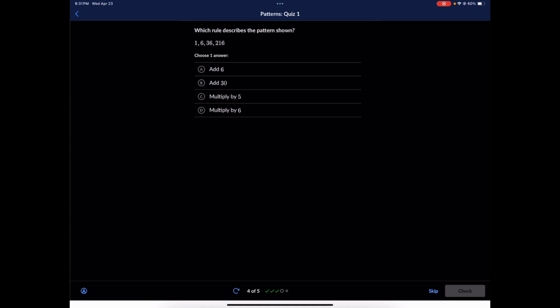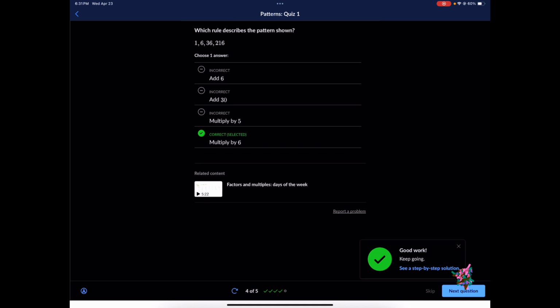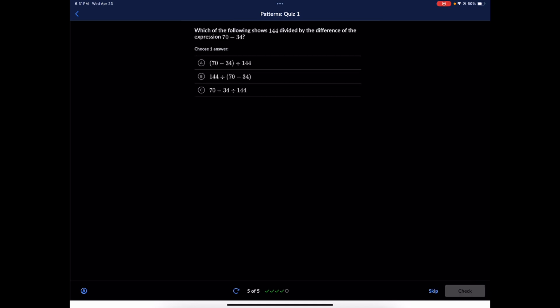And which rule describes the pattern shown? The answer is D. If you got that, great job. Which of the following shows 144 divided by the difference of the expression 70 minus 34? If you got B, good job.